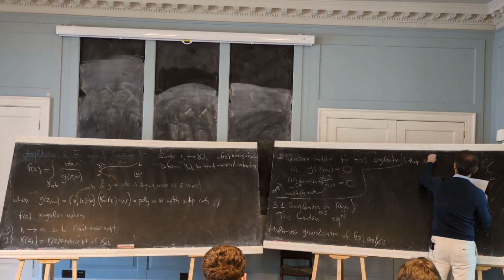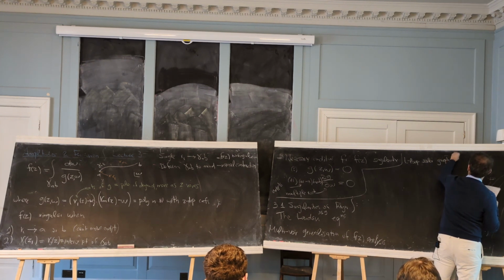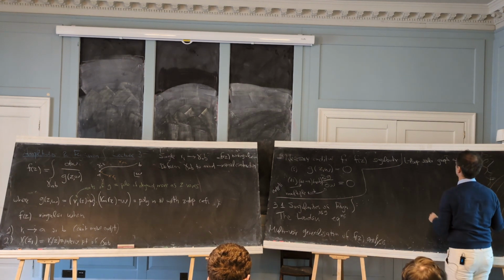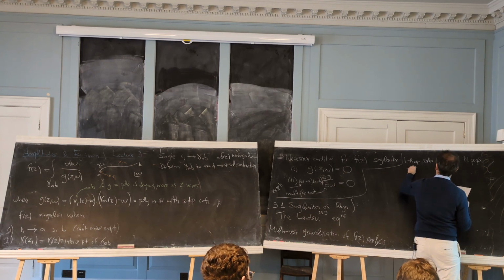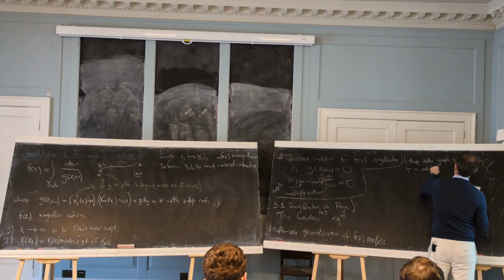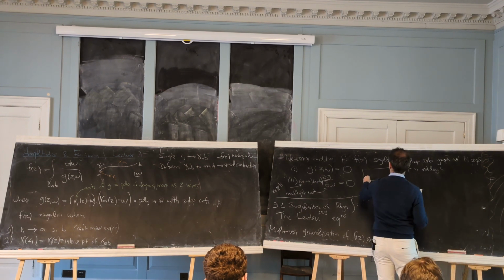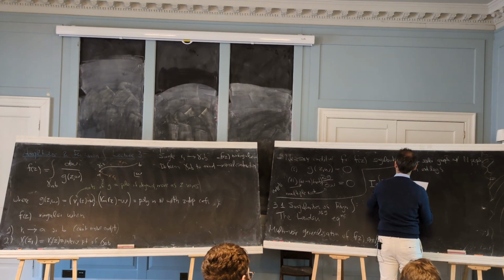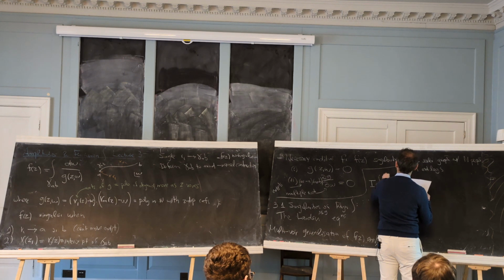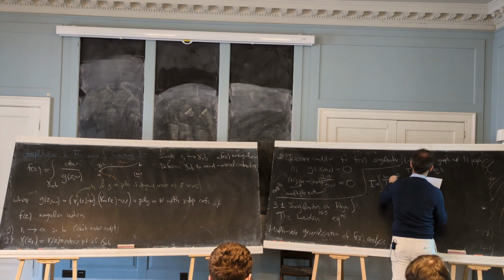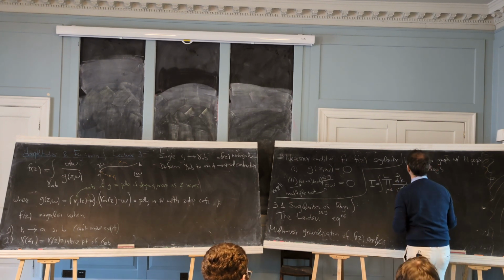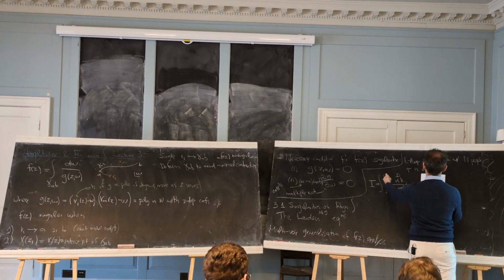So the L-loop scalar graph with n propagators, capital N, and n external legs takes the form I equals product of loop integrations, where D is the dimension of the loop integration, as you see.